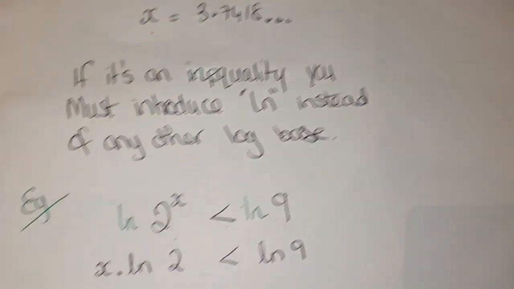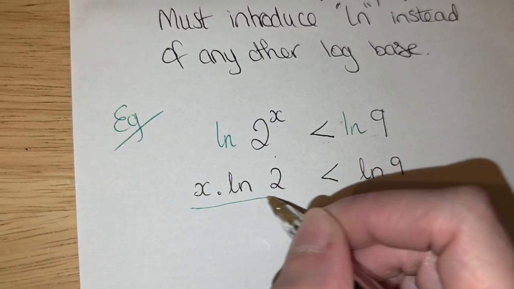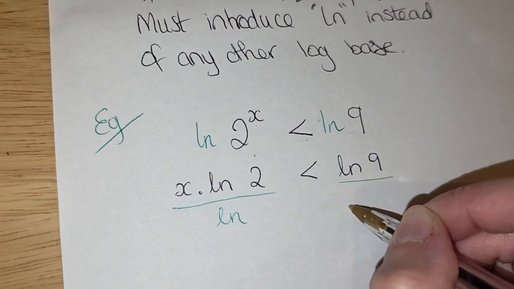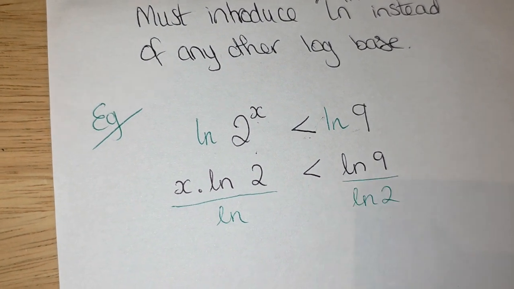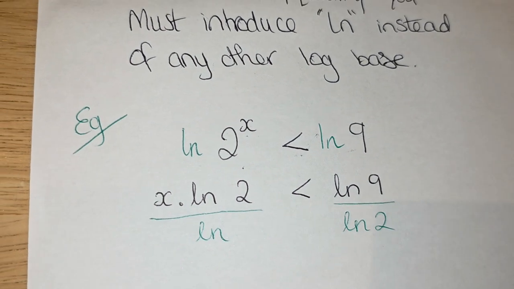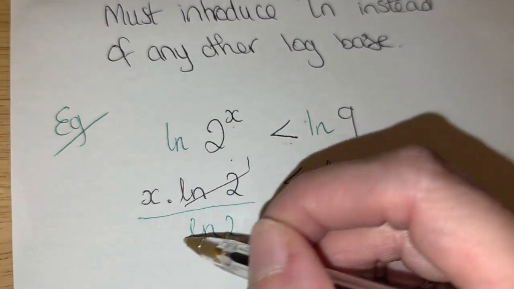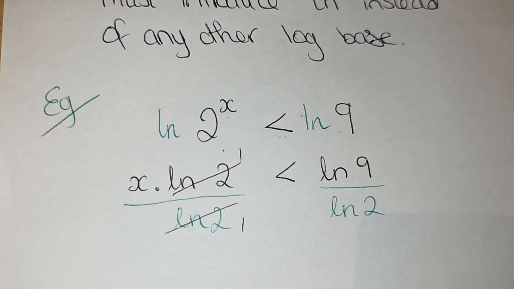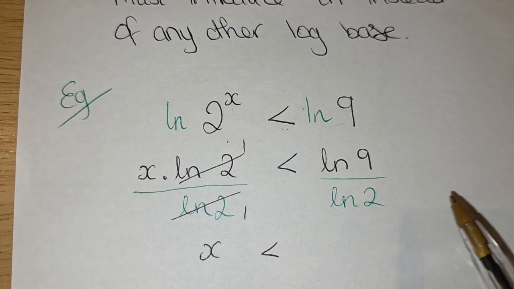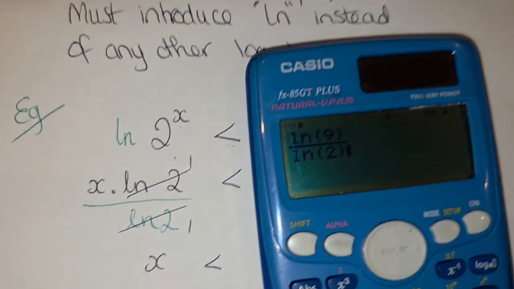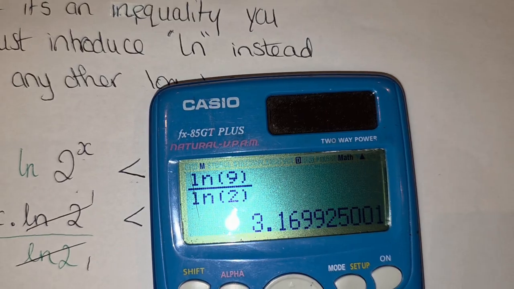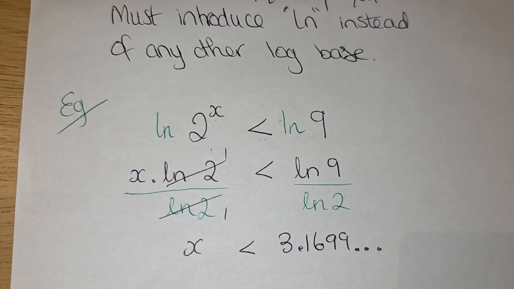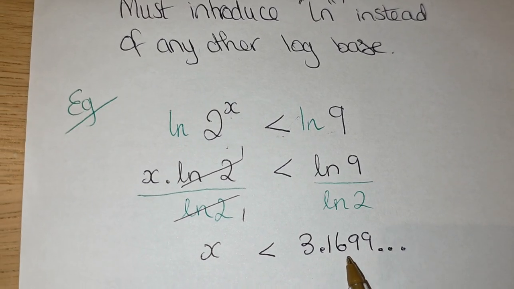That means if I divide across now by ln 2, I am dividing across by a positive number, which means my inequality symbol doesn't need to flip around. ln 2 divides into ln 2 once, so it's gone, so you're left with ln 9 all over ln 2 on the calculator, 3.16. So x is less than that value.